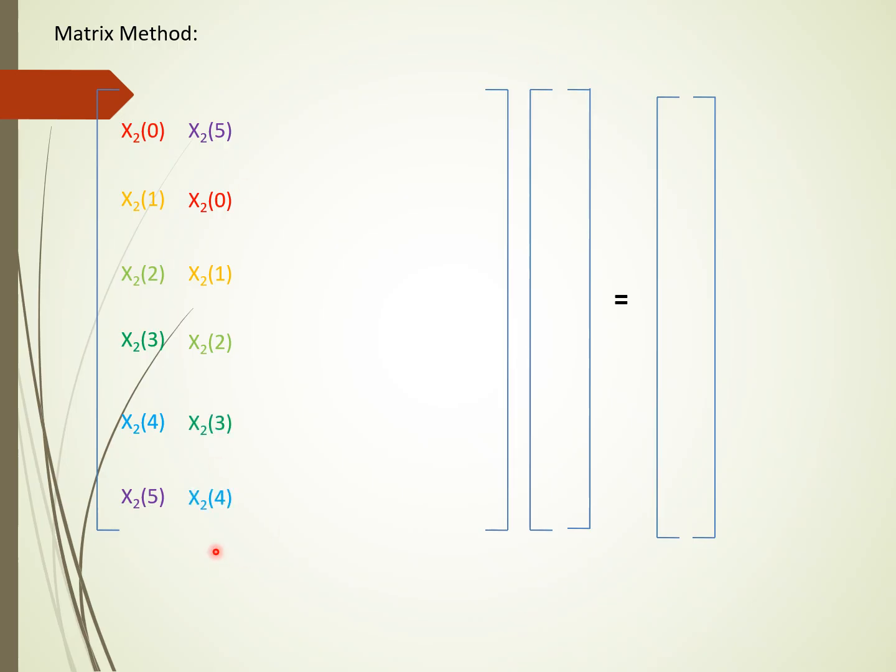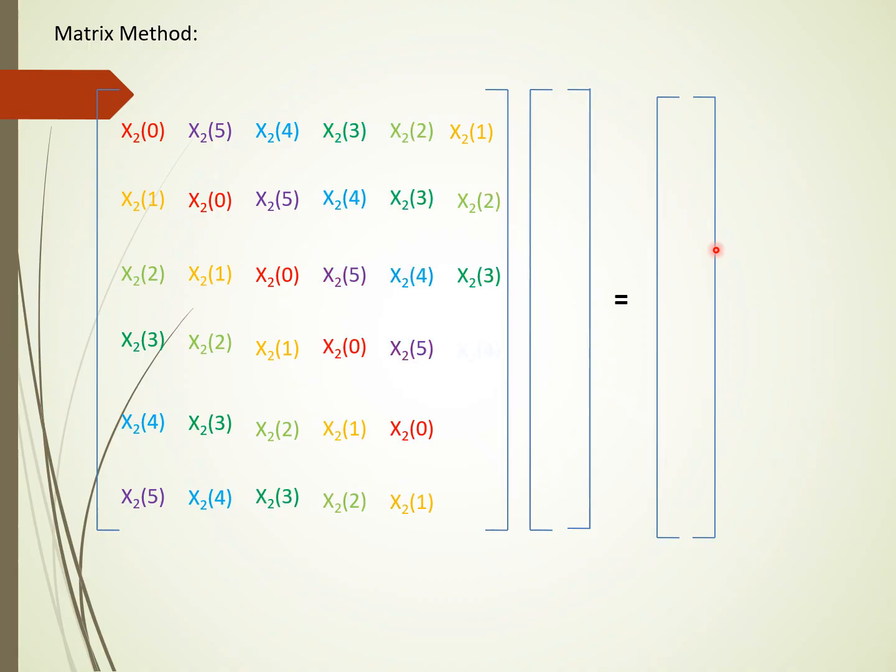Now this last element, x2 of 4, will occupy the first position here, followed by the subsequent elements of the previous column. So it is x2 of 4, followed by x2 of 5, x2 of 0, x2 of 1, x2 of 2, and x2 of 3. Similarly, fill up this matrix. So we have started with x2 of 0 and we need to end up with x2 of 0.